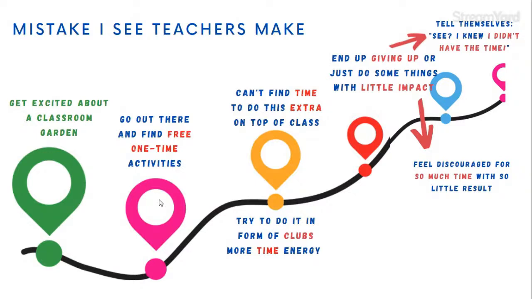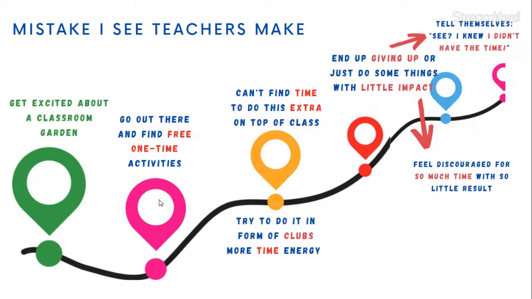We try to do it in clubs, which takes more time and energy out of us. And because it hasn't been a cohesive program that takes care of everything for us, and it's not connected to the seasons or the school schedule or our curriculum, we either give up because we can't find the time for it, or just do some things with very little impact.